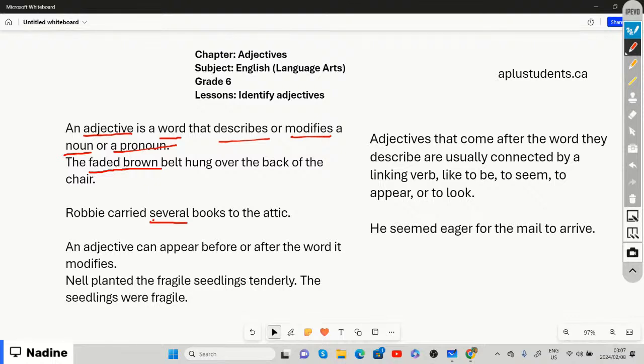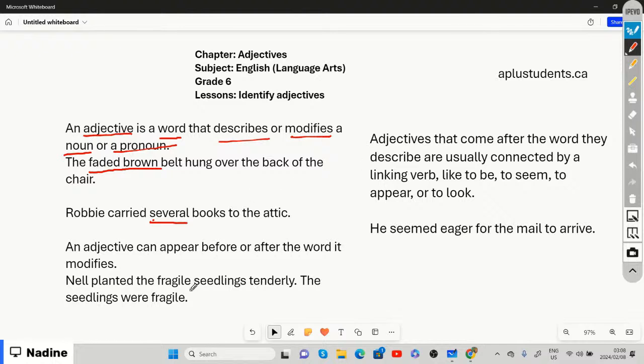And an adjective can also appear before or after a word that it modifies. For example, Neil planted the fragile seedlings tenderly, and the seedlings were fragile.